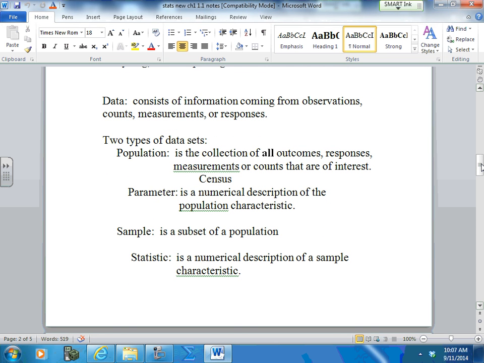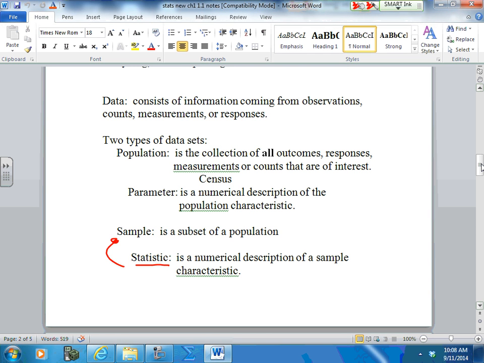And basically, we look at two types of data sets. Your population, the big one, versus your sample. Now, even though we call these statistics, a statistic is really related to a sample.